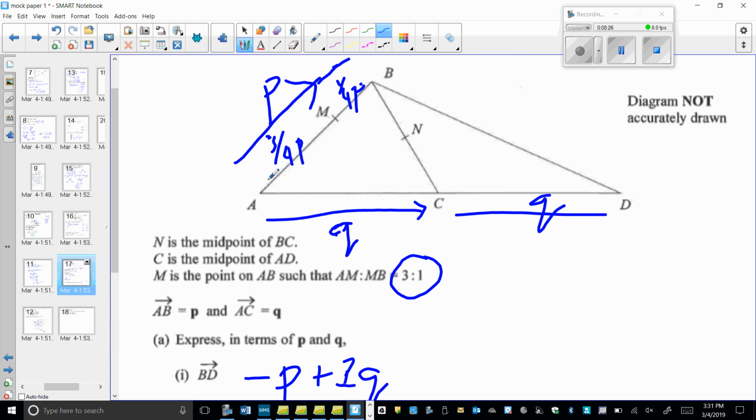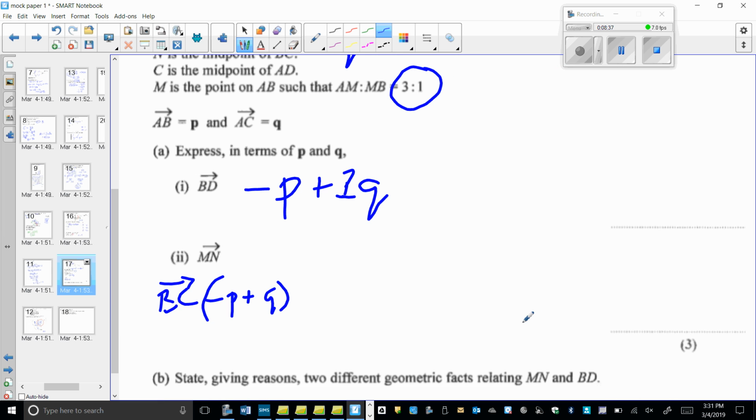Okay, minus p plus q. So from B to N would be half of that. So B to N would be minus half p plus a half q. Okay, so that's B to N.